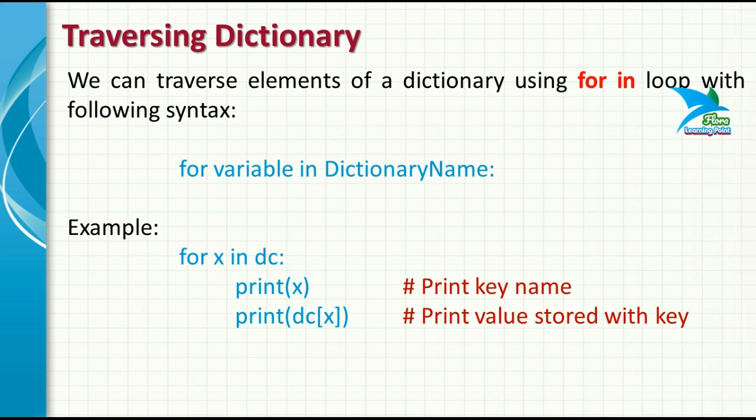And if you want to print the element that belongs to that particular key, then you have to print like this: the name of the dictionary, and inside the brackets you specify the name of the key.